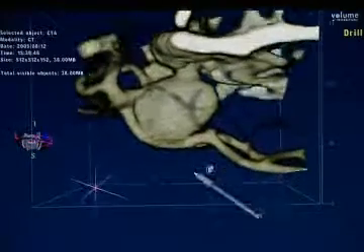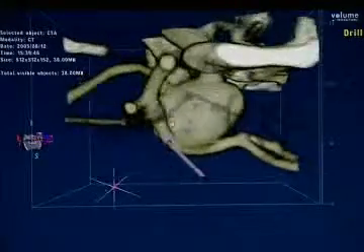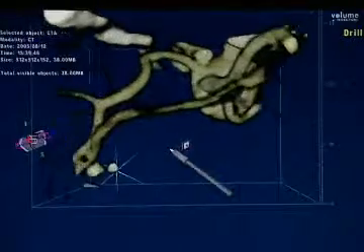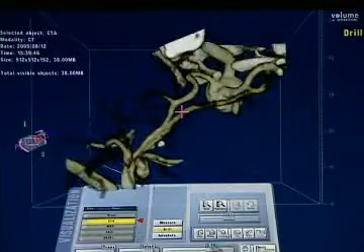And then we look for the posterior communicating artery, and you can see that emerging from the back of this aneurysm. Actually, if you segment it so we can see the basilar artery.